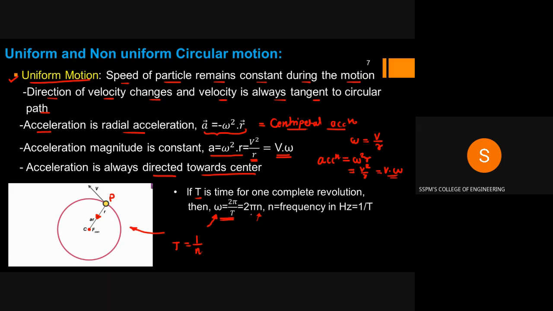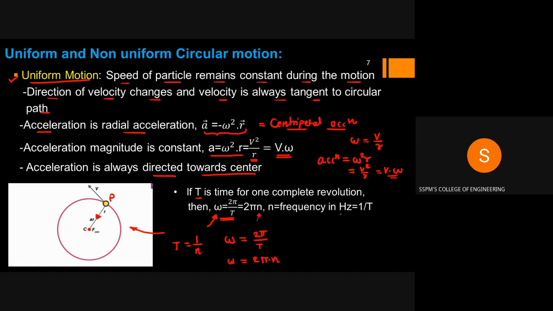So we can write omega is equal to 2 pi n. So one formula for omega is 2 pi upon t, where t is the time period. In terms of frequency, this is 2 pi into n, where the frequency is the inverse of the time period.